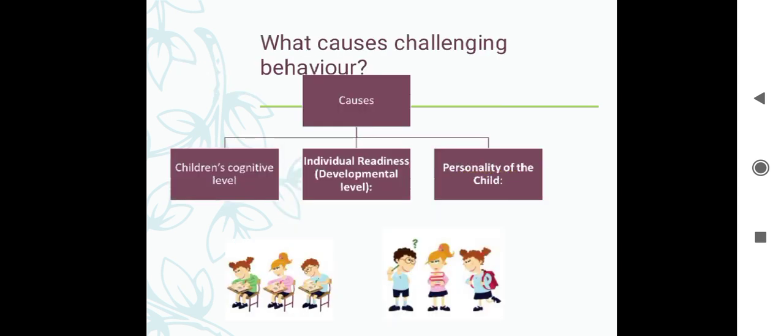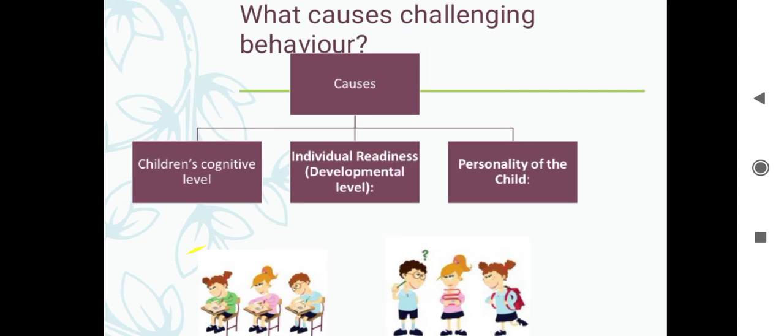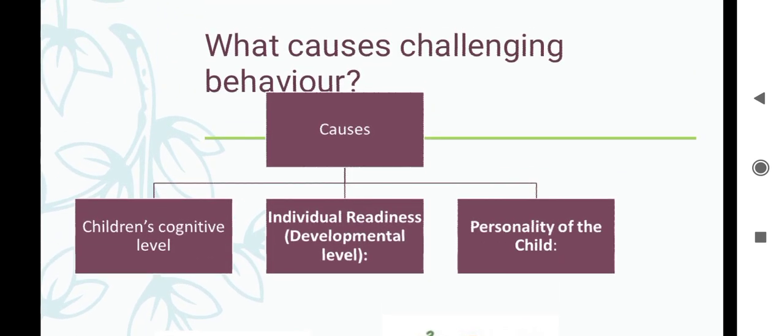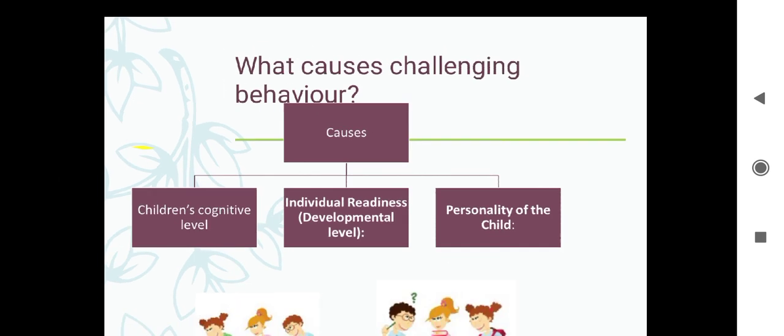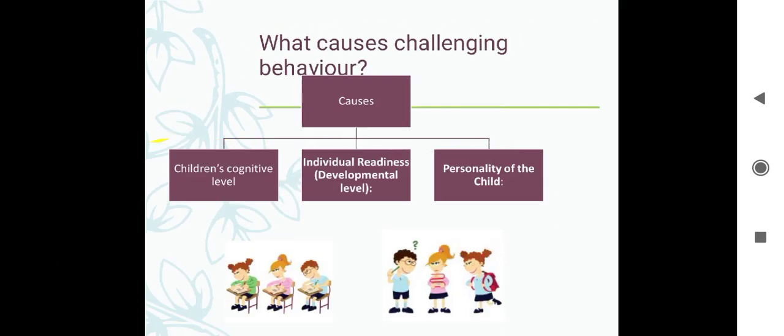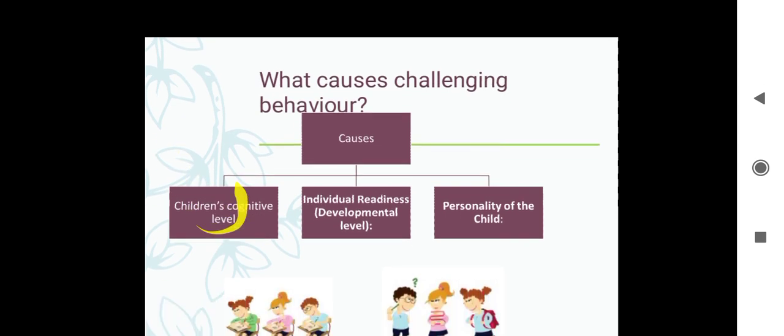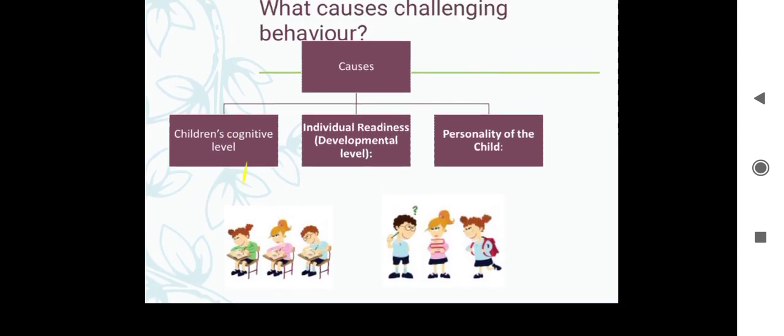Okay, next, what causes challenging behavior? What causes parents to find it challenging, difficult, tough in handling children's behavior? What are the causes? Punca, factors. So there are three main factors. Number one is children's cognitive level.